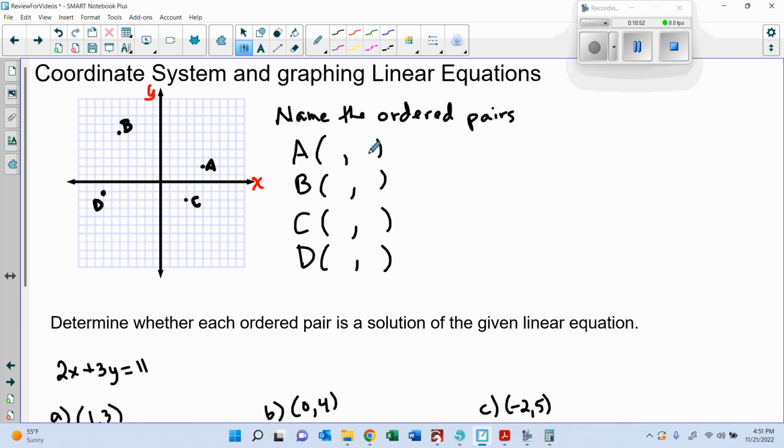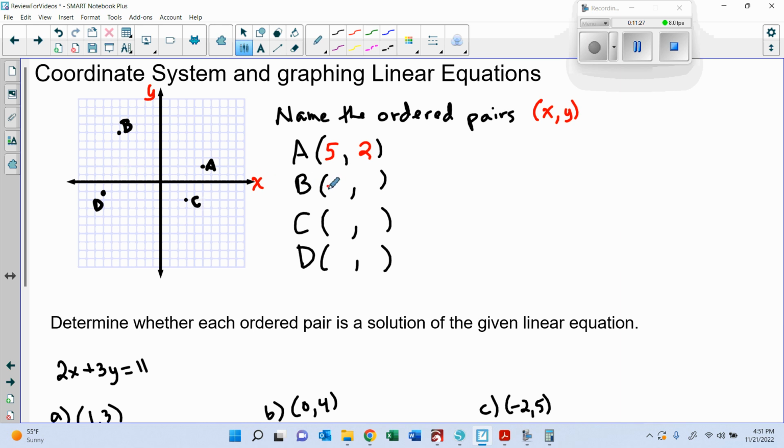And the first coordinate on your ordered pairs is always X, comma, Y. So if we want to name point A, this part here will be the X. So we're at 1, 2, 3, 4, 5. 5 for X. And then we go up 2. So we're at 2 for Y. For B, our X is negative because it's this direction. So we're 1, 2, 3, 4, 5 negative.